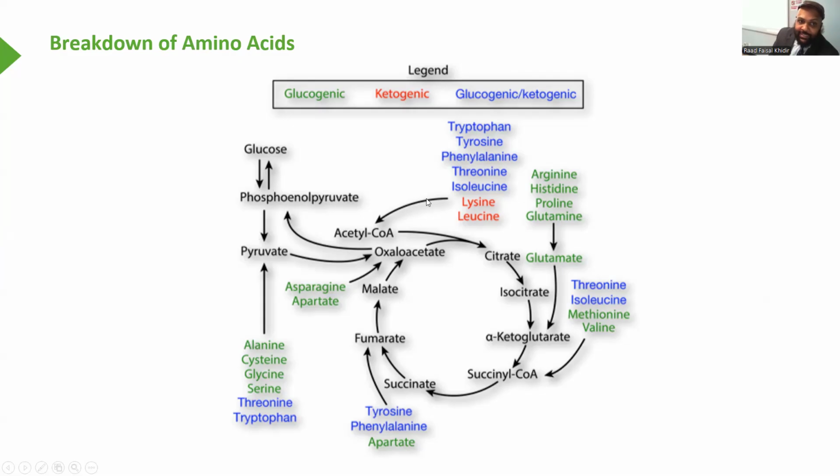So you see there is a direct linkage between all these amino acids, arginine, histidine, proline, threonine, isoleucine, tyrosine, phenylalanine, aspartate, all of them are shuttled in this very important cycle. What's the name of the cycle? The tricarboxylic acid cycle, or the Krebs cycle.